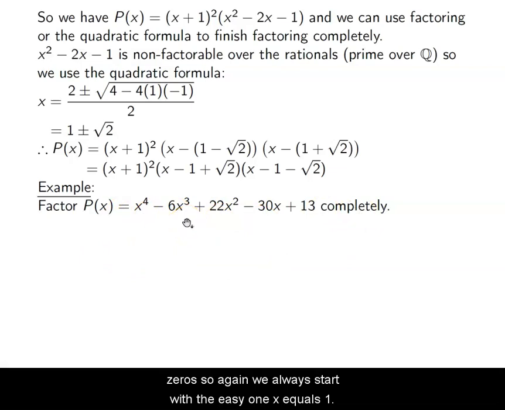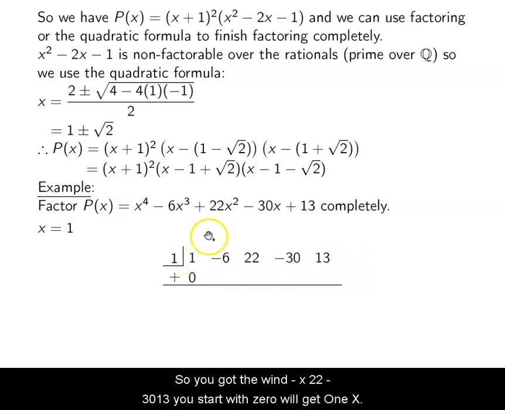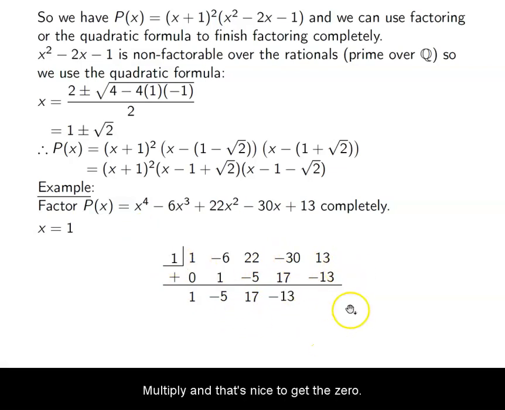So again, we always start with the easy one, x equals 1, and we will put our polynomial into the correct form, right? So we got the 1, negative 6, 22, negative 30, 13. We start with 0, we'll get 1, multiply, add, multiply, add, multiply, add, so we get negative 13, multiply, and that's nice, it gives us 0, okay?